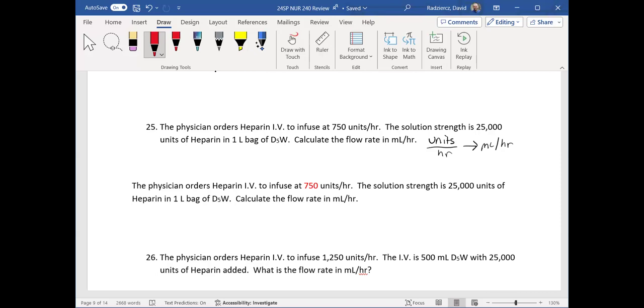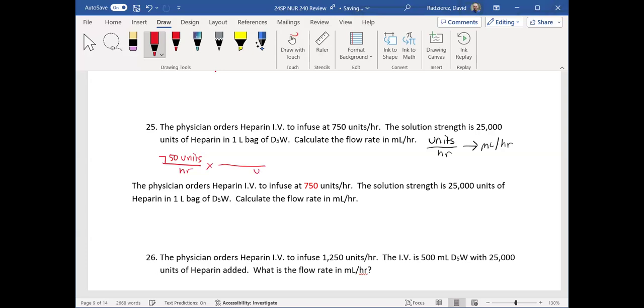Now, over the years, I've done this a variety of different ways. As long as you're getting the right answer, you're doing it correctly. So I'm going to start off with the units per hour. It says 750 units per hour, and I want to convert that to milliliters per hour.